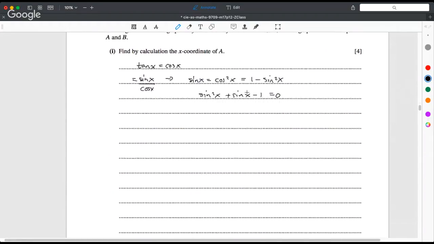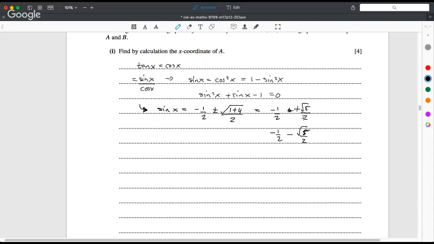And we're going to solve this as a quadratic in sine of x. So we get sine of x is equal to minus 1/2 plus or minus the square root of 1 plus 4 all over 2, which is going to be equal to either minus 1/2 plus square root 5 on 2, or minus 1/2 minus square root 5 on 2.